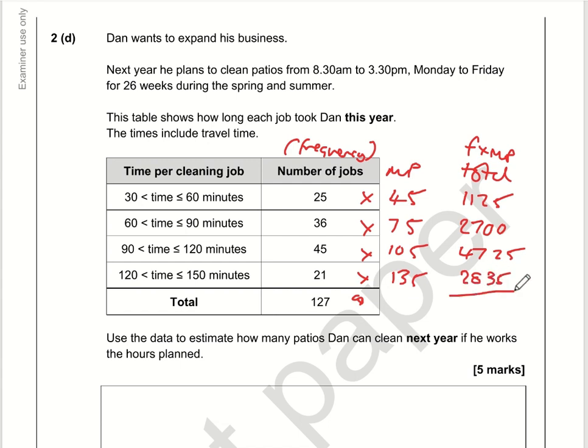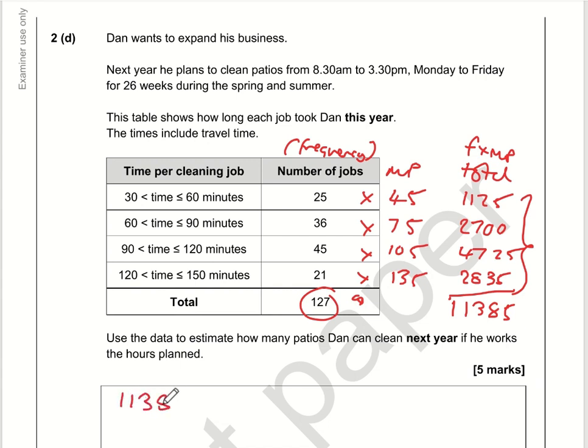So the mean time is going to be the estimated total time taken. Sorry, this is the estimated mean rather. It's going to be the estimated total time taken, which is the sum of these values here. And if I add these together, that comes to 11385, and it's going to be this estimated total time divided by the number of jobs.